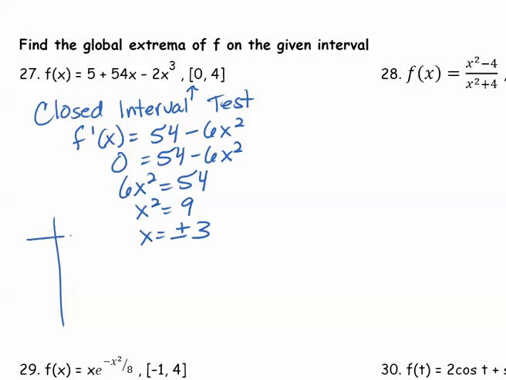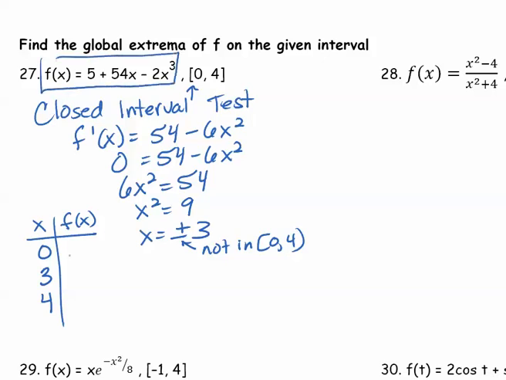So now we have to do our closed interval test and find f of x at the endpoints and at the critical numbers. Now notice that negative 3 is not in the interval from 0 to 4, so we only have to test 3 values here. And remember to plug them into the original function. It's perfectly fine in your homework if you grab a calculator for this.